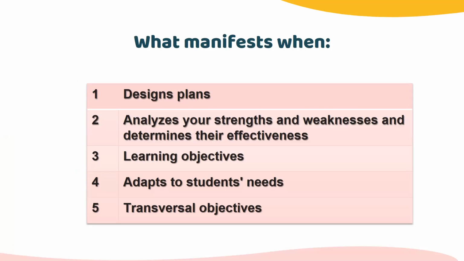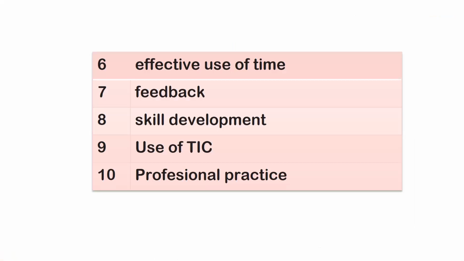Design plans to analyze your strengths and weaknesses and determine their effectiveness. Learning objectives adapt to student needs and transversal objectives. So, effective use of time, feedback, skill development, use of TIC, and professional practice.